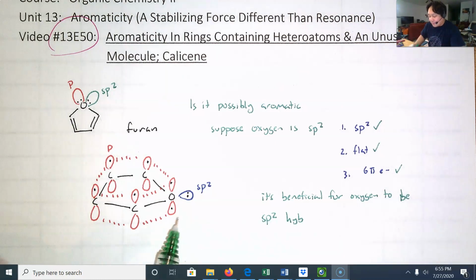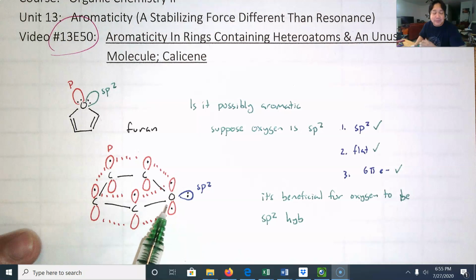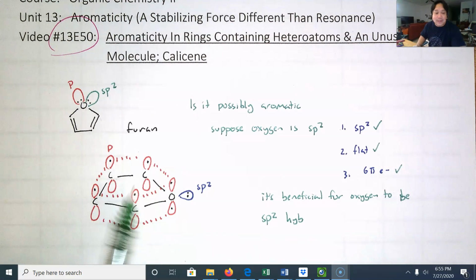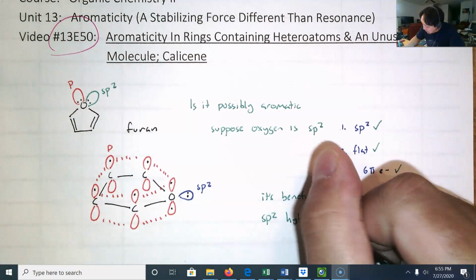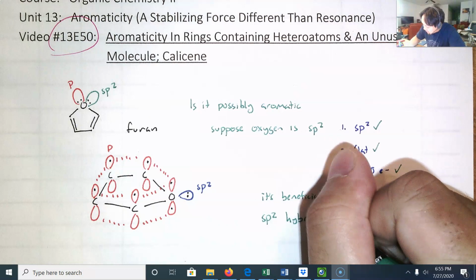If the electrons position themselves so that the oxygen is sp3 hybridized, you lose this sharing of electrons, and the energy of that molecule rises, and well, it's less stable in that, I don't even know what to call it, in that hybridization. Okay, so this is sp2 hybridized.